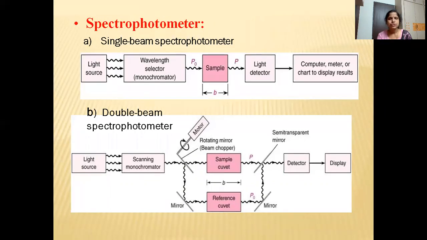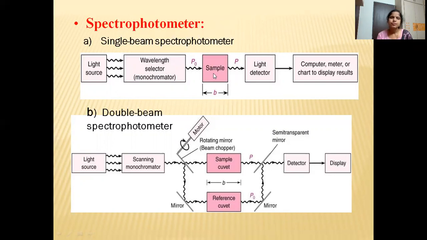Hydrogen or deuterium lamps can be used as a light source for visible and UV, whereas a tungsten filament can be used for the visible light source. The light is passed through the monochromator, where the wavelength is selected.